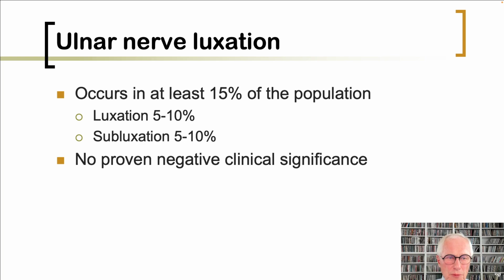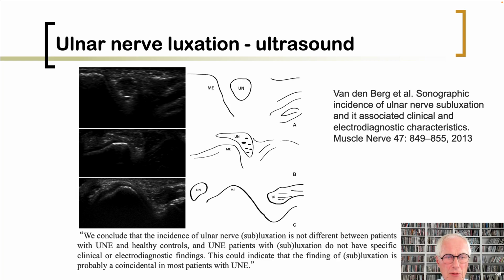In the elbow, the ulnar nerve may luxate, and luxation occurs in about 15% of the population, and there's no proven negative clinical significance to this. Here we see how the luxation can be demonstrated with ultrasound.